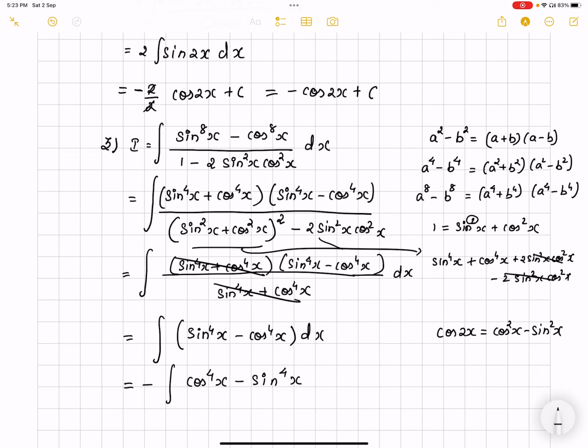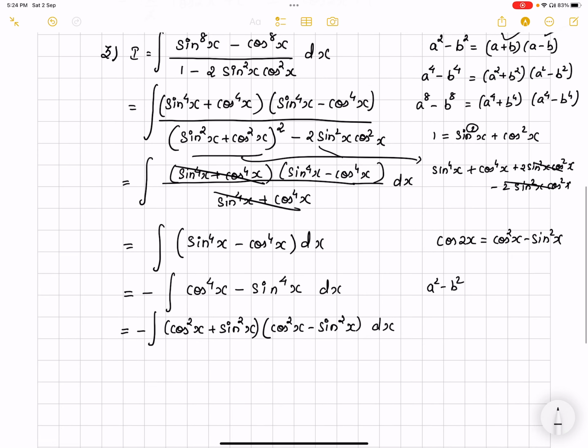So now let me do the change again. I would have cos square x plus sine square x into cos square x minus sine square x, based on the a square minus b square identity which we used here, dx.